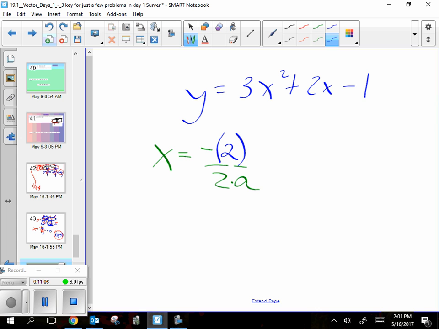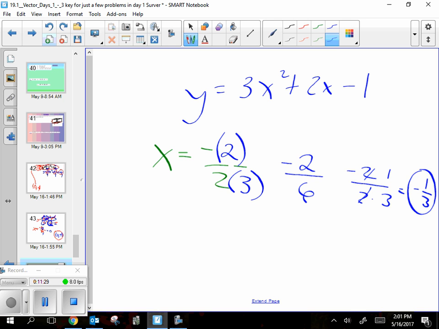And I'm going to replace the a. 2a, right? So what's the a? A is 3. So then when I put this together, it's negative 2 over 2 times 3, which is 6. Can I simplify that? Negative 2 over 2 times 3, and the 2's cancel, leaves 1/3 was correct. Negative 1/3 to be exact. Cool. What do we just figure out? That's part of the vertex.